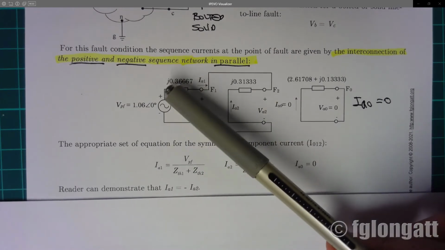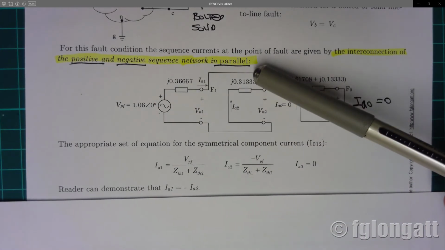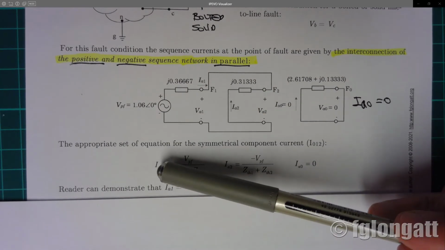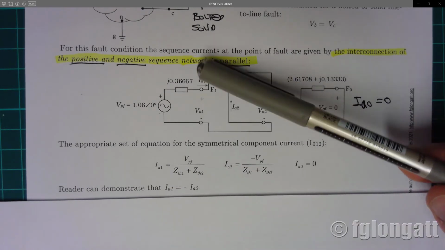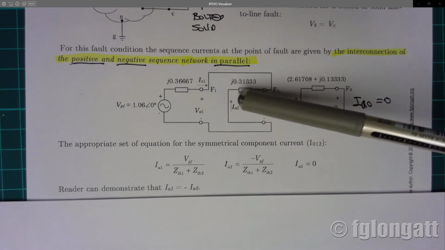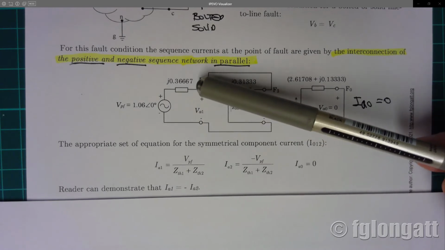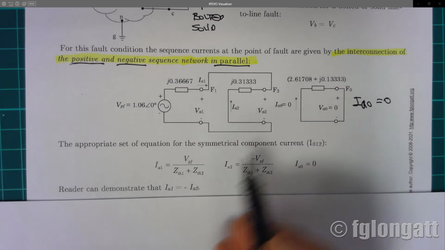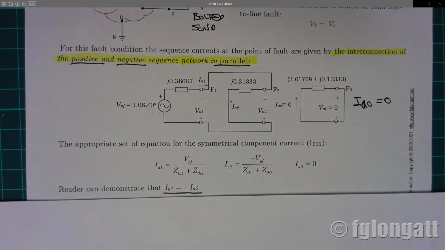This is the positive sequence Thevenin impedance, and this is the negative sequence impedance, and that is this equation over here. Positive sequence current is the total voltage divided by the total impedance. My students are extremely clever at circuit analysis, and they must remember that here the positive sequence current is equal to minus the negative sequence current, and that is what I am telling you here. Okay? Well, this is circuit analysis.